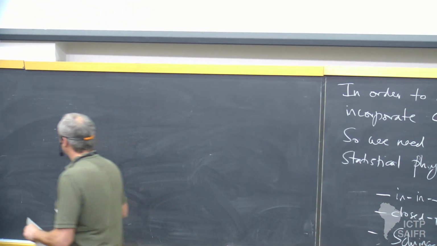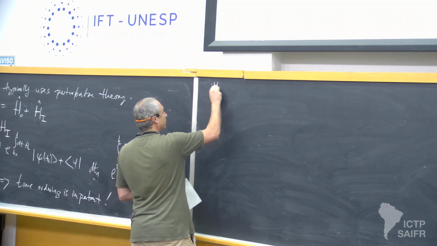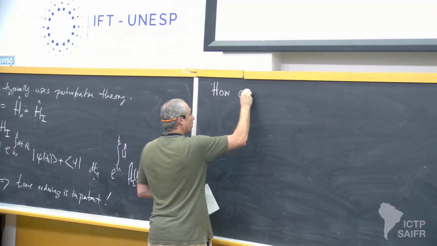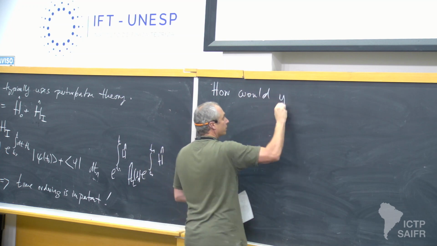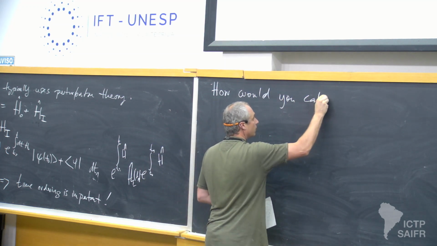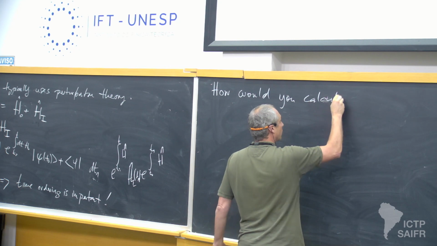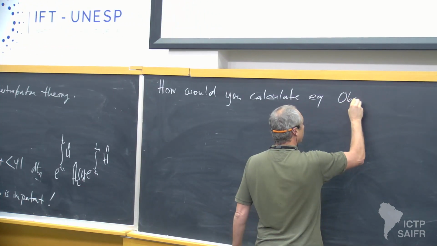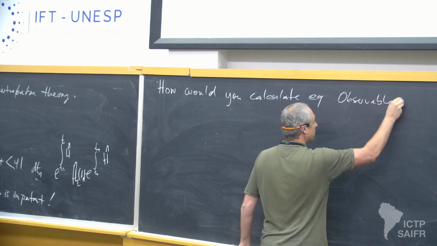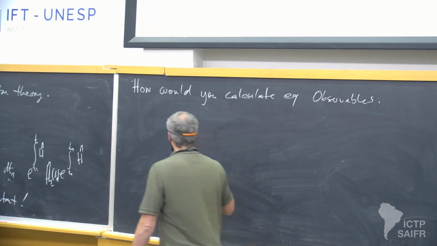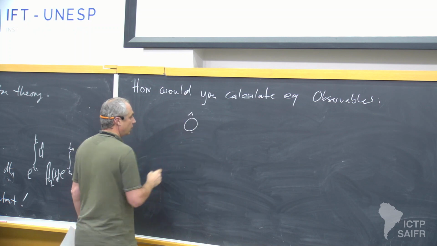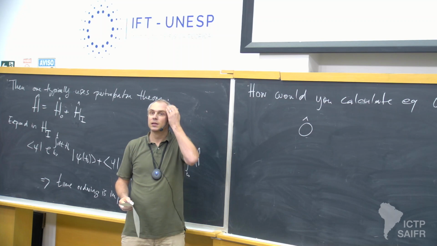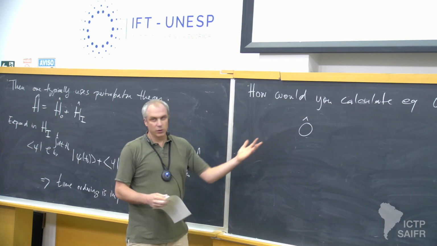Okay, so how would you, in comparison, now calculate equilibrium quantities or equilibrium observables? Let's say you have an operator O, and you would like to know what this operator O is in your system if the system is in equilibrium.